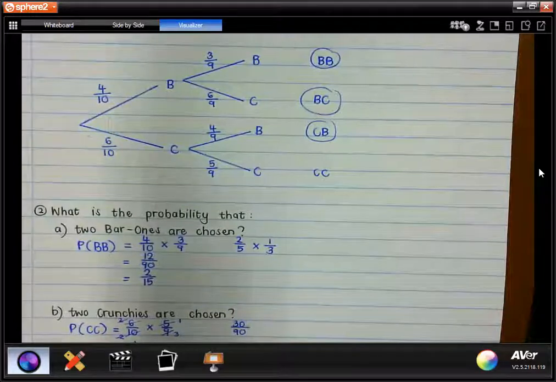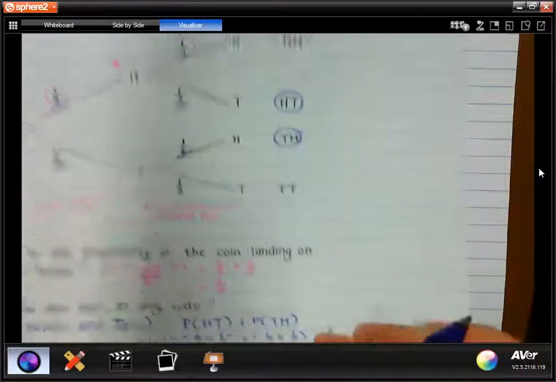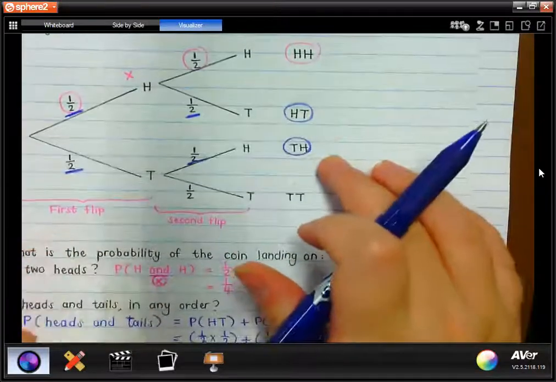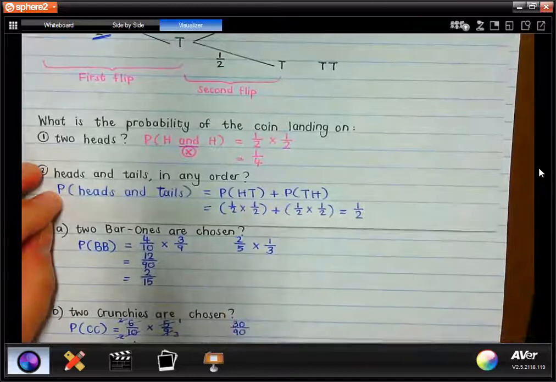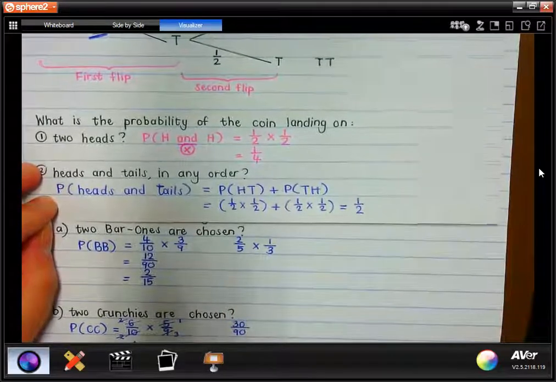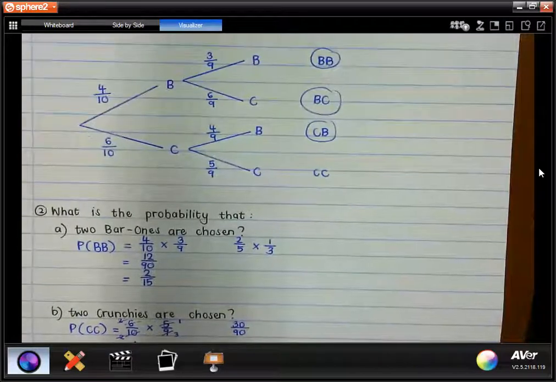All right, it's like what we did here, where we had heads, tails, and tails, heads. We found the probability of each of them and we added them together. All right, so let's write that down.